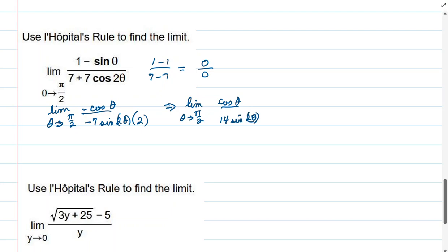Okay, now we have to check if I insert pi halves in this, and sine is going to be what? No, it's 2 theta. So what is it? 0. Okay, so we have a 0 in the denominator. That means I have to go back and do it again.